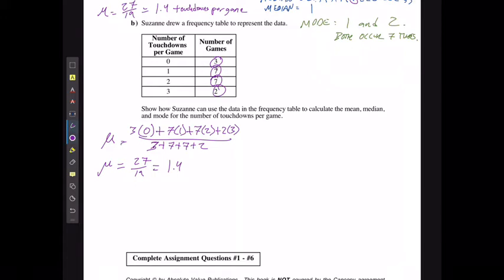For the median, I can say that with 19 items, the middle is number 10.